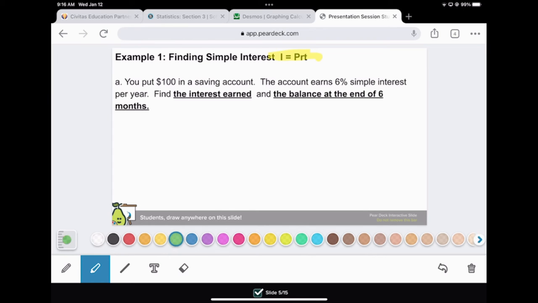I'm going to highlight some info. You put in 100. The account earns 6% simple interest per year. The question asks to find the interest, and then to find the balance at the end of 6 months.